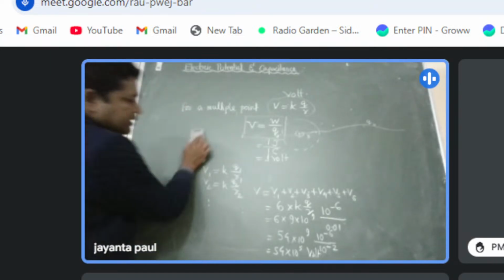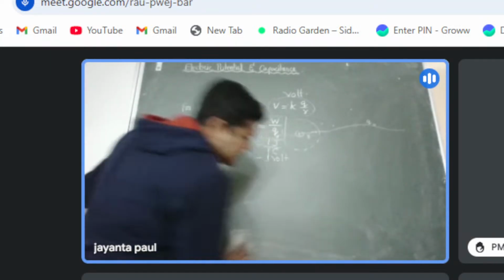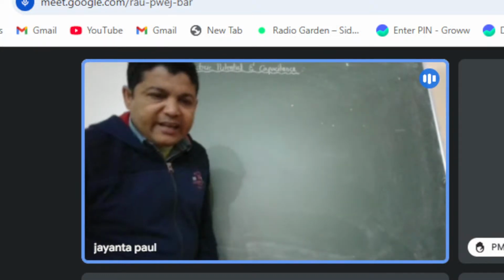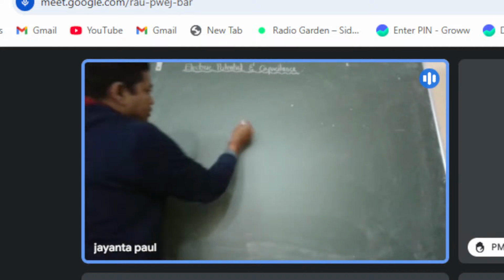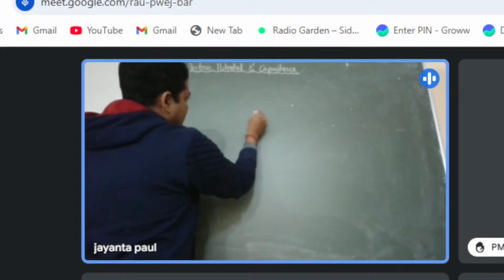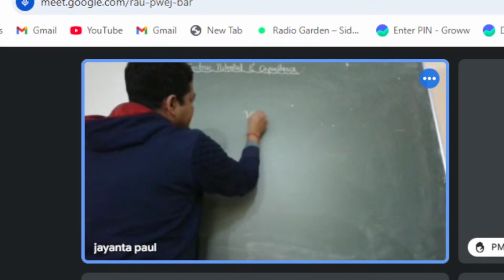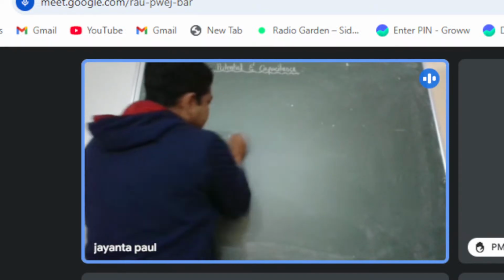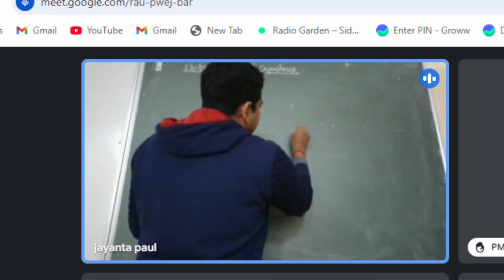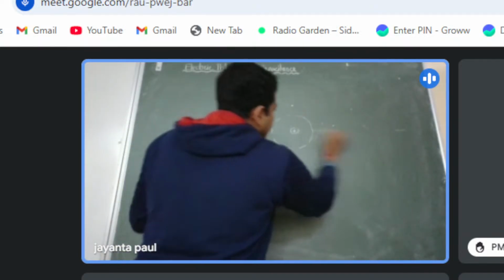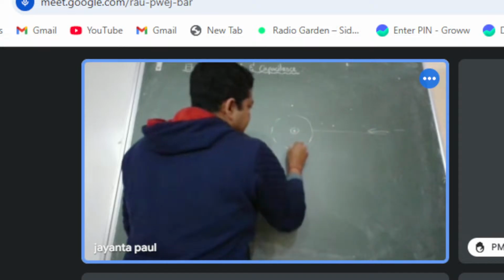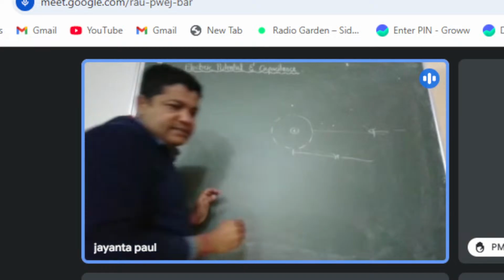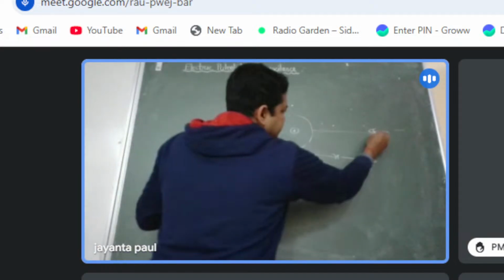That is another one: what is the relation between electric potential and electric field intensity? So for the electric potential of a point charge, suppose we need V. For a given source charge, suppose the test charge is brought from infinity to a distance, say x, somewhere, say the test charge is here.